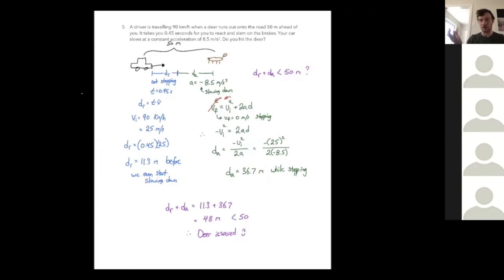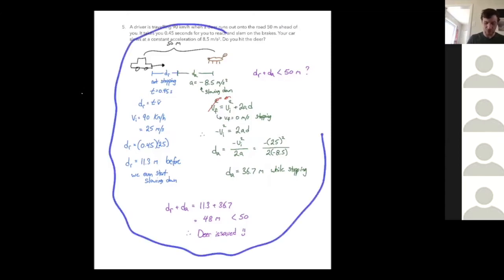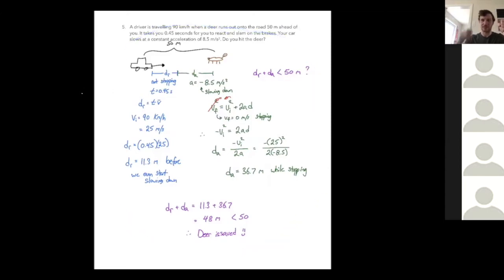So if you're traveling at a speed of 25 meters per second, how long does it take you to go that distance to react? Same question. That's just one example of me flipping it. But whenever you hear reaction time, stopping distance, stuff like that, you should think about this idea of a reaction distance and a stopping distance. Okay.